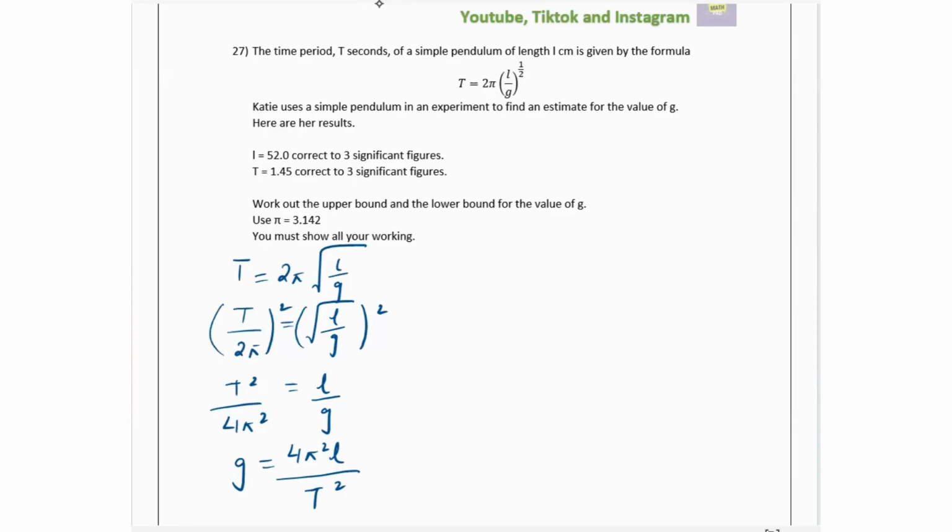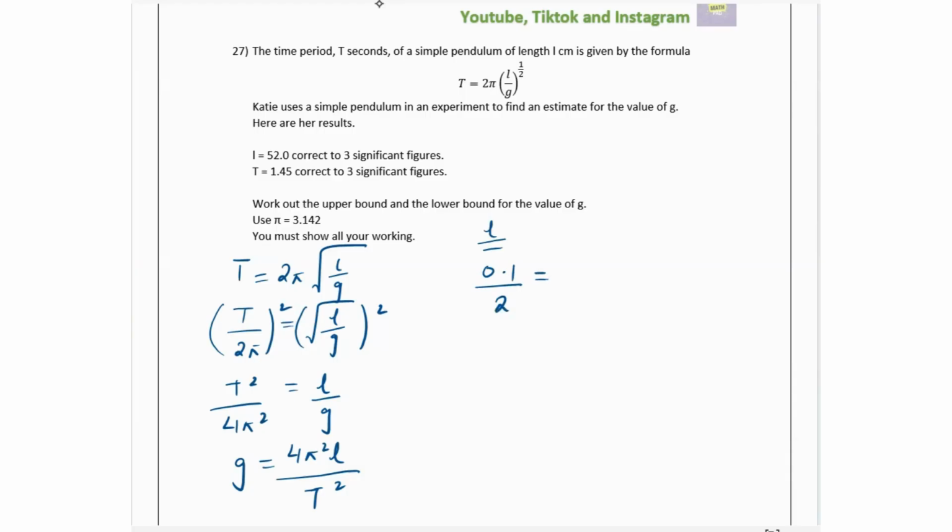Now, if we look at the values of L and t, L is 52 correct to 3 significant figures. If it says 3 significant figures, we check what the third significant figure is. Third significant figure is 0 over here. So now we see what the place value of that significant figure is. Place value of 0 is 0.1. So for L, we divide the place value by 2.